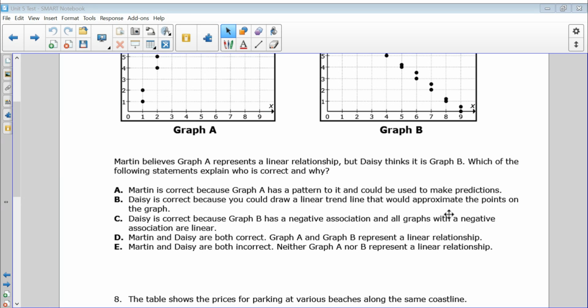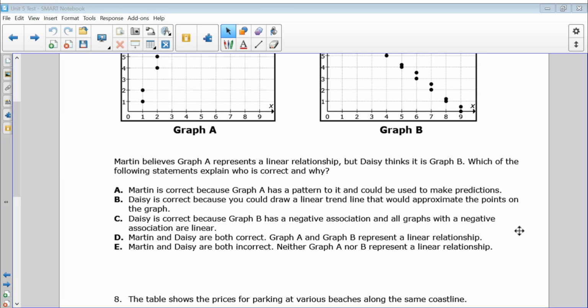A. Martin is correct because Graph A has a pattern to it and could be used to make predictions. B. Daisy is correct because you could draw a linear trend line that would approximate the points on the graph. C. Daisy is correct because graph B has a negative association and all graphs with a negative association are linear.